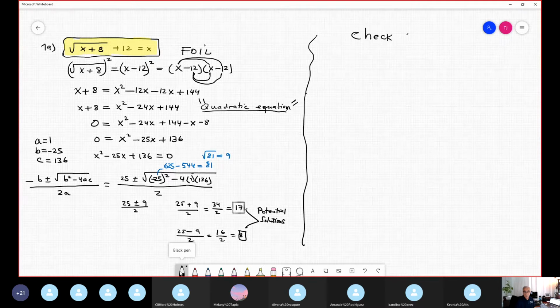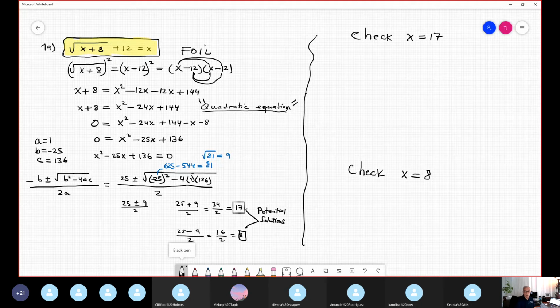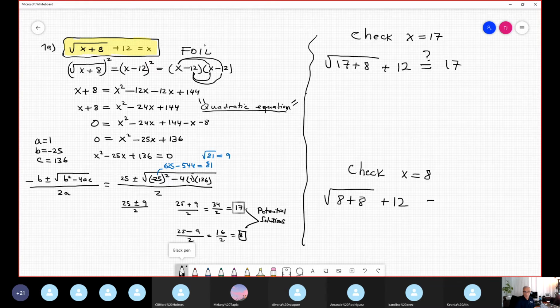I'm checking both, 17 and 8. It's easy, it's just arithmetic. It's plugging 17 into the original: square root of 17 plus 8, plus 12, should be equal to 17. Likewise here, square root of 8 plus 8, plus 12, should be 8.